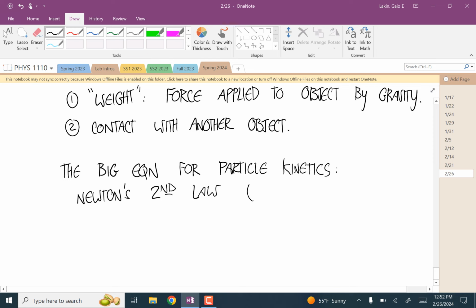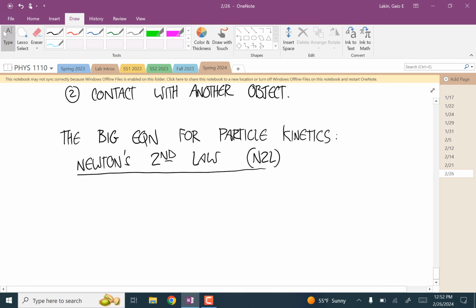I'm going to abbreviate that N2L because I'm going to have to write that a lot. Newton's second law says F net, that's the sum of all the forces acting on a body, is equal to the mass of that body times the acceleration of that body's center of mass.